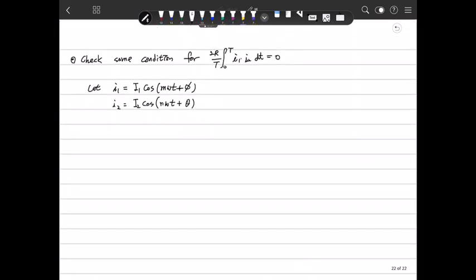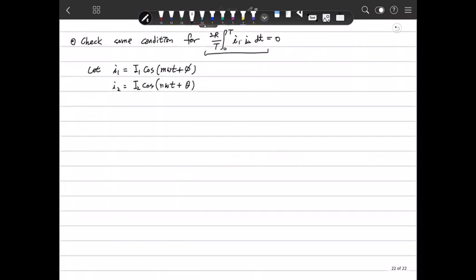Then to calculate this, we need to check it from 0 to T. I1 is cosine m omega t plus phi, cosine n omega t plus theta and dt.